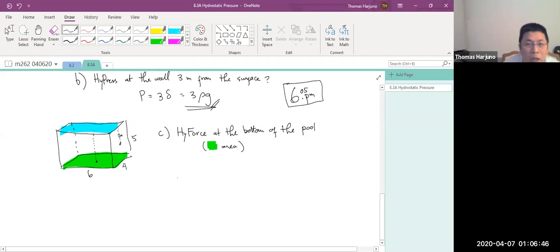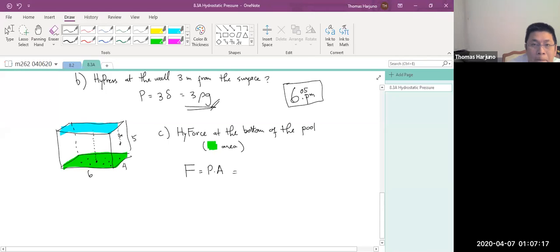Now, notice that hydrostatic force is equal to the pressure multiplied by the area. The thing is, in this case, every point on this green region experiences the same hydrostatic pressure.